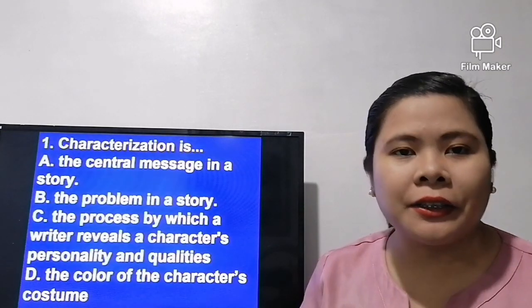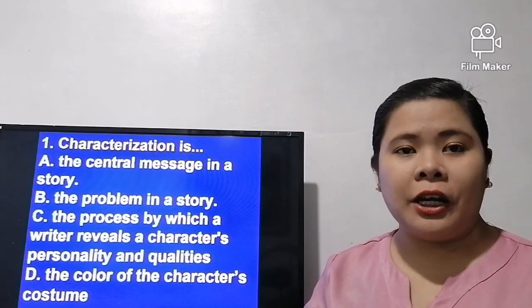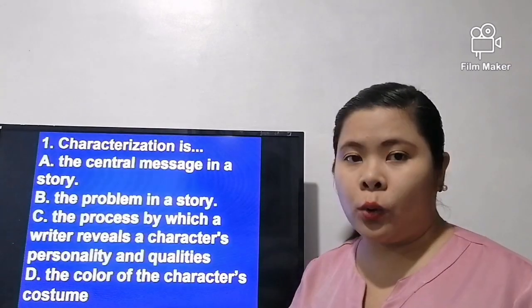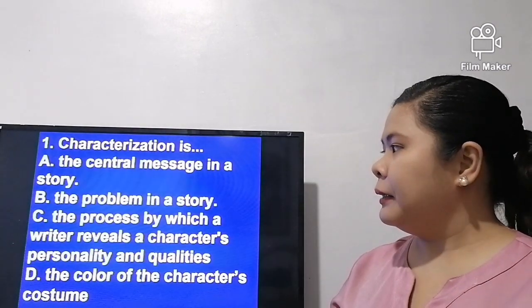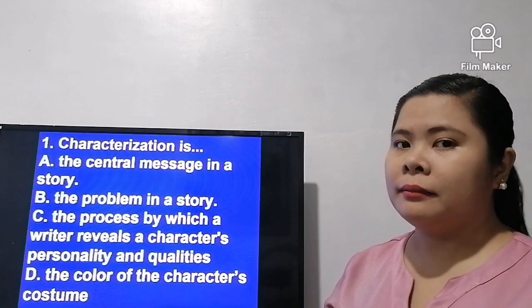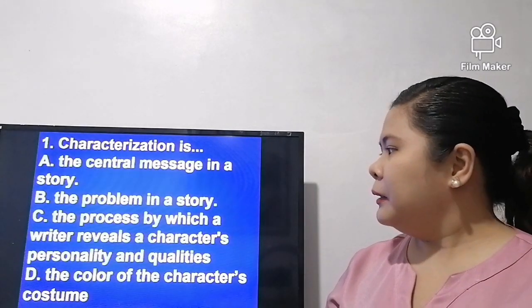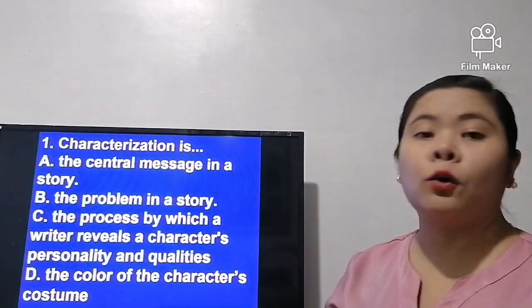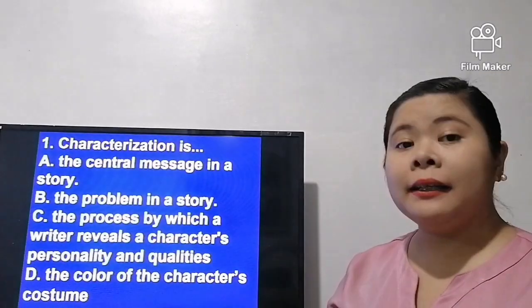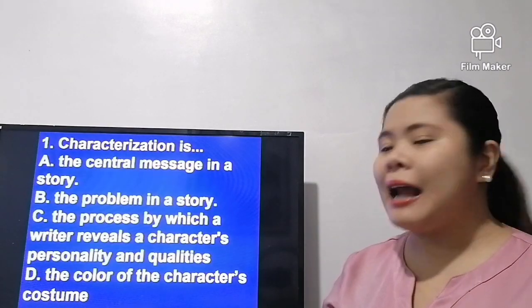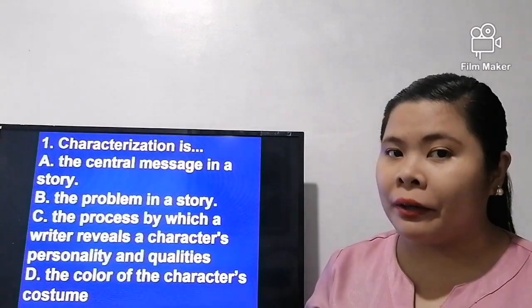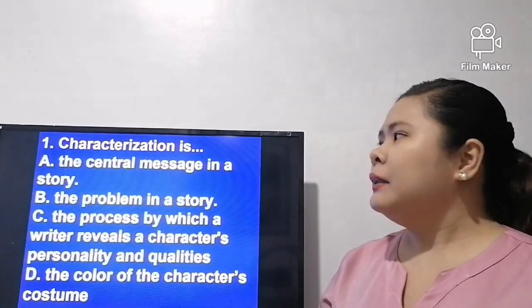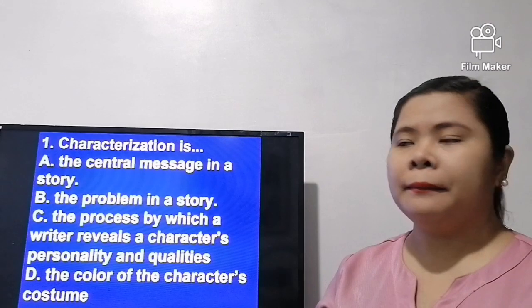First, characterization. Characterization is A, the central message in a story.